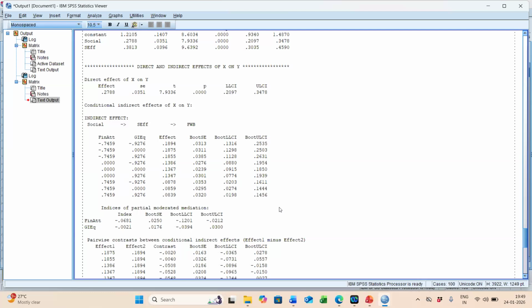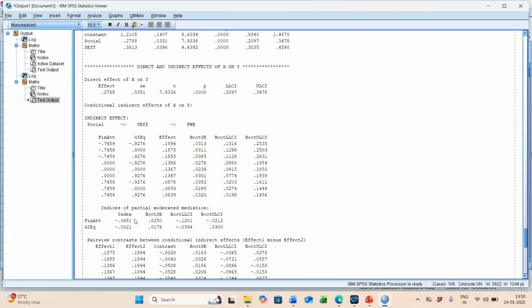That means at all possible combinations, the indirect effect is significant, irrespective of the levels of the moderators. That's the final conclusion.